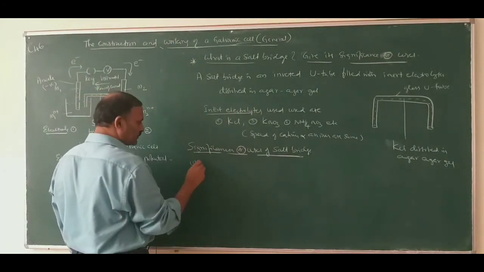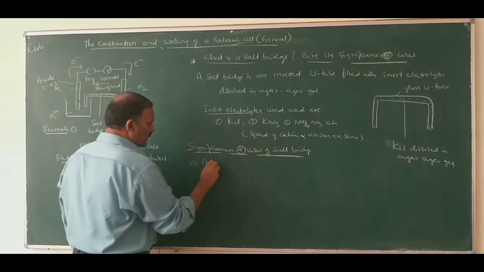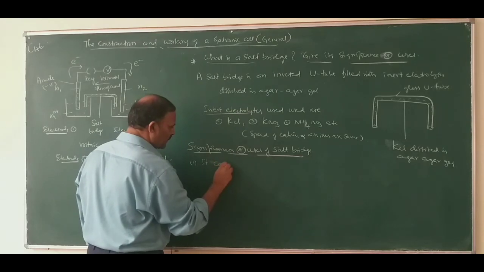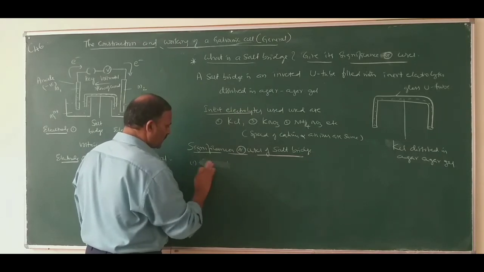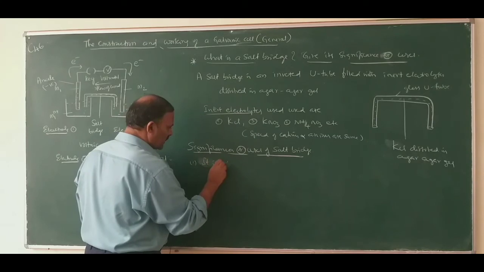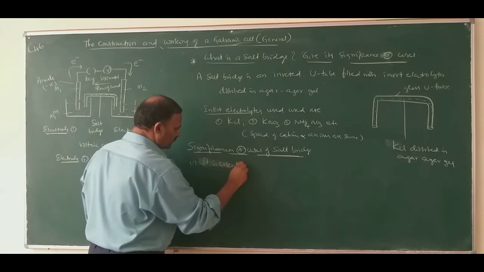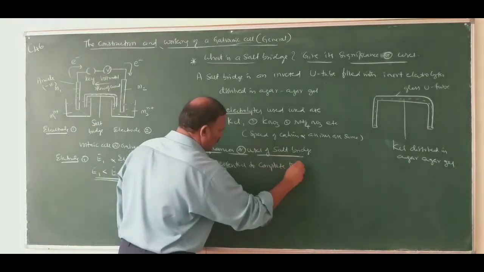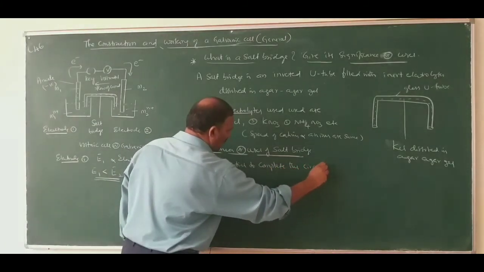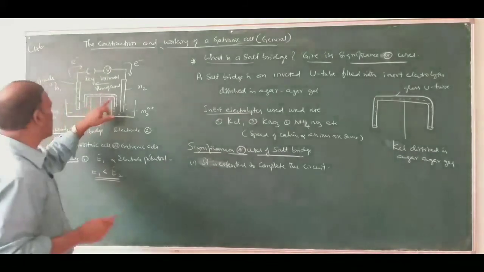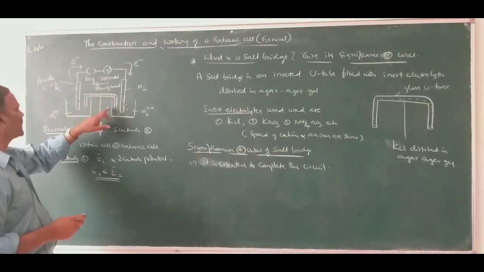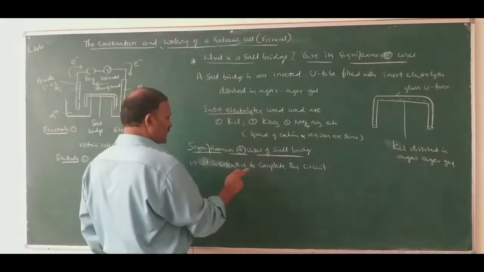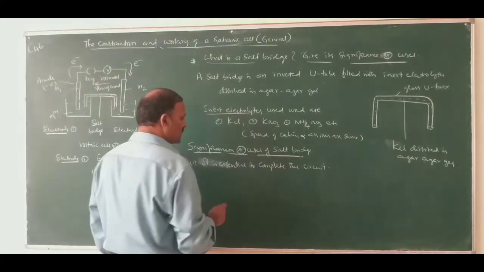Number 1, it is essential to complete the circuit. To complete the circuit we need a U-tube, the salt bridge. It is essential to complete the circuit.